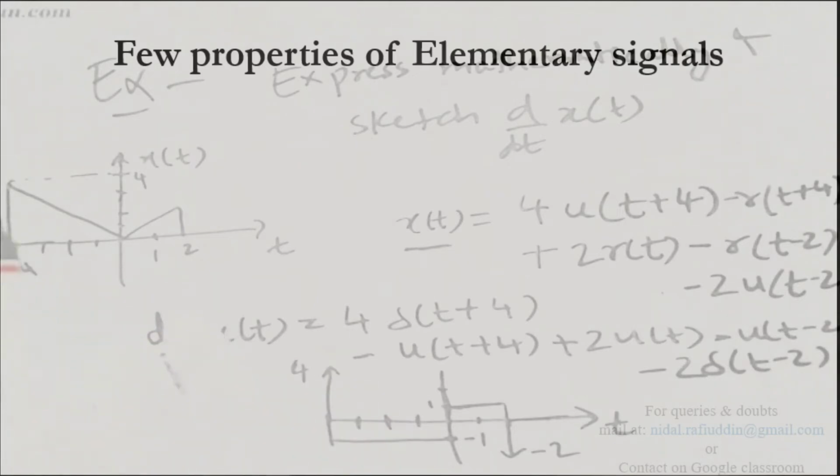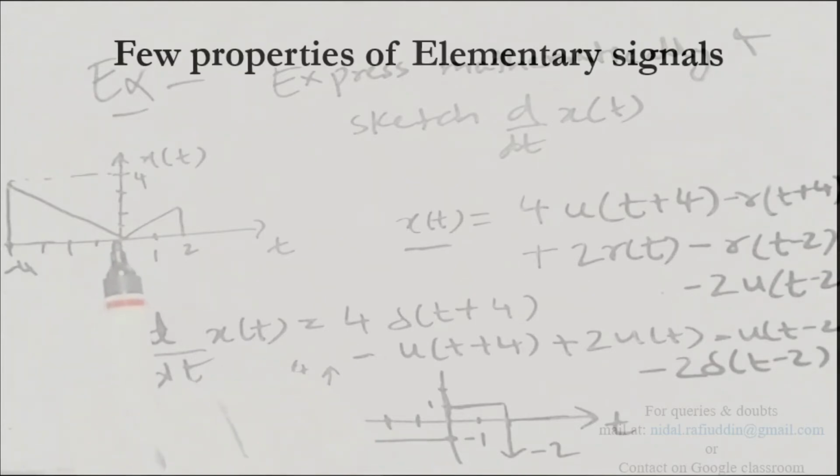That is why d/dt of this ramp signal, with slope -1, will simply be -1, and that is why we have represented a magnitude of -1 between -4 and 0.